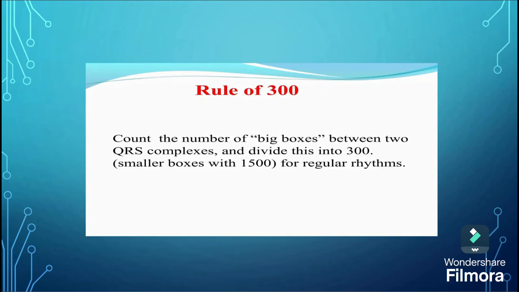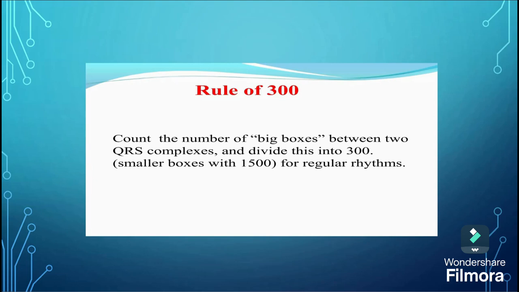Count the number of big boxes between two QRS complexes and divide 300 by that number.